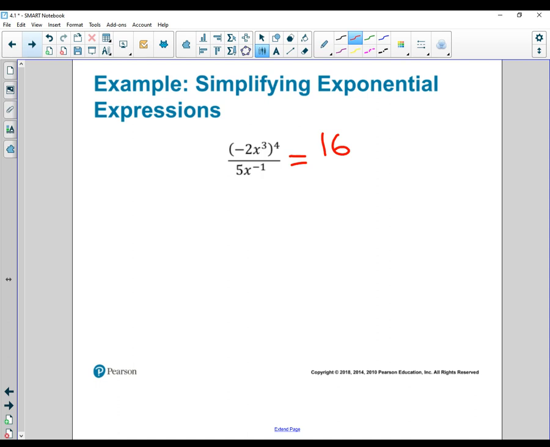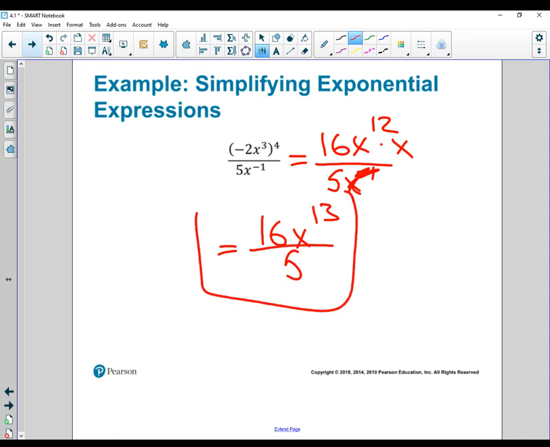And then x to the 12 all over 5x to the negative 1st. So we have to kick that x up. That's like if we kick this up here, it'd be times x. So x to the 12 times x will be x to the 13th all over 5.